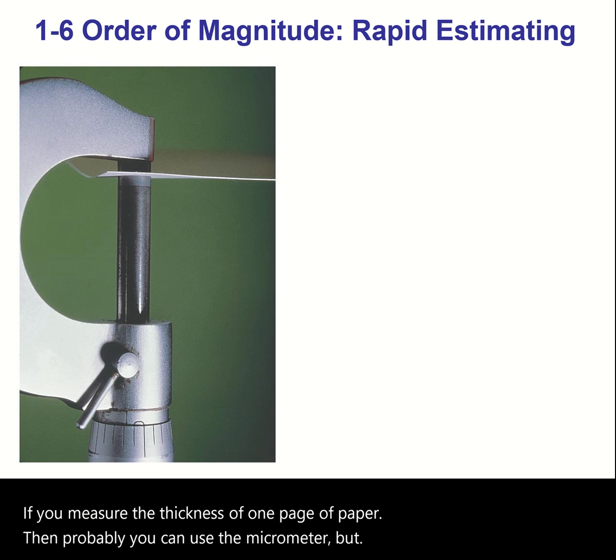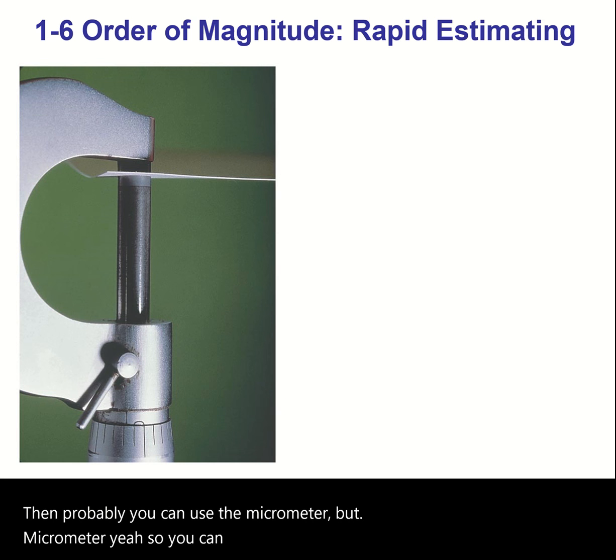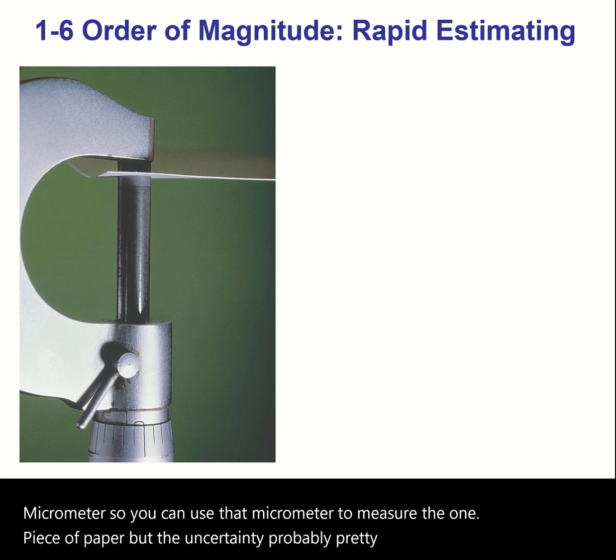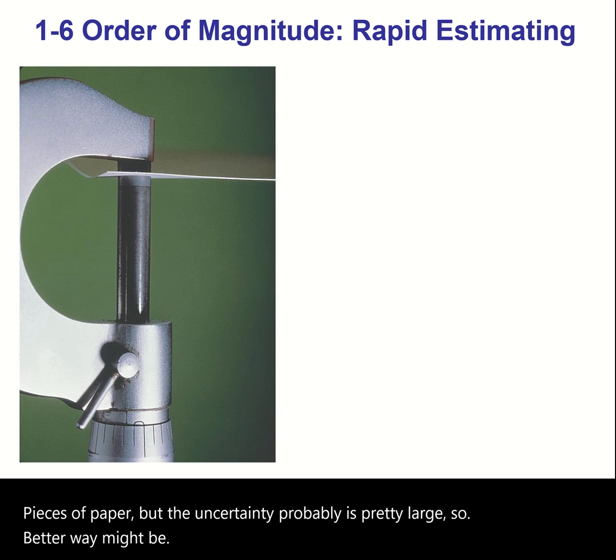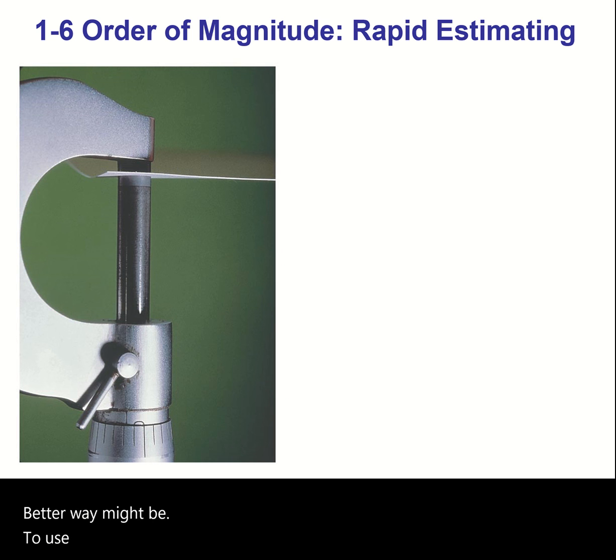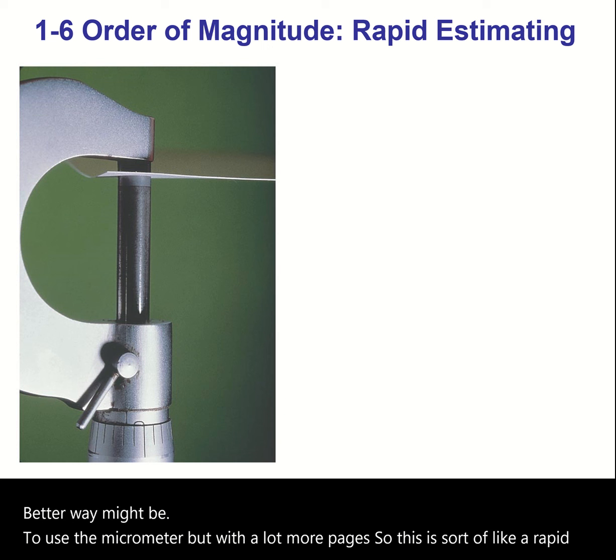But the uncertainty is pretty large. So a better way might be to use the micrometer with a lot more pages. This is sort of a rapid estimating skill.